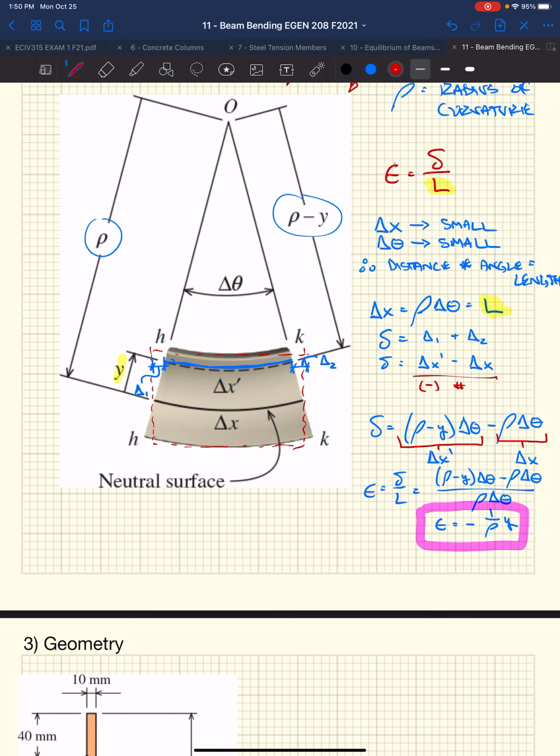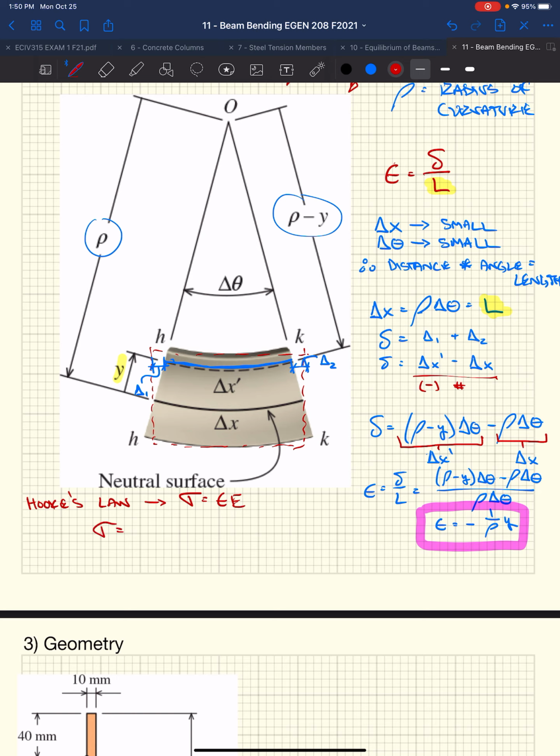So we also, as we know, use our three concepts of strain, Hooke's law, and our definition of stress, force over an area. Well, Hooke's law says stress is strain times the modulus of elasticity.